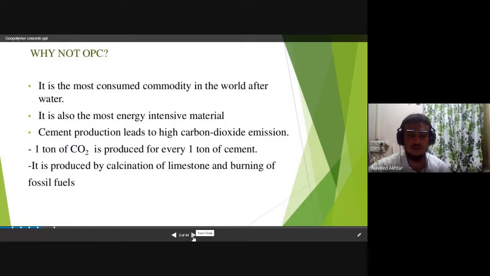It is very harmful as a greenhouse gas and very harmful for our environment. Global warming and ozone layer depletion are partly due to the increase of carbon dioxide in the atmosphere. There are many other reasons too, but if we can reduce the use of cement, then we are saving our planet Earth from contamination.